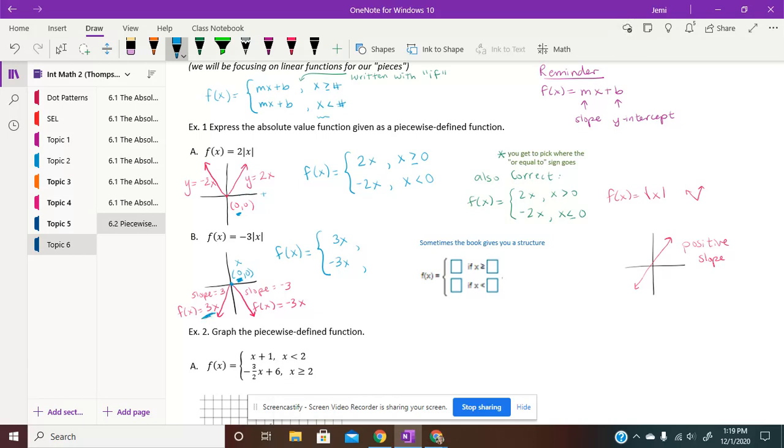This occurs when x is, right, these are the negative numbers, then x is less than 0. Okay, on the right-hand side, that means that all of these ones, f of x equal to negative 3x, occurs when x is greater than 0. One of these has to be or equal to, it doesn't matter which one you pick, put it somewhere.